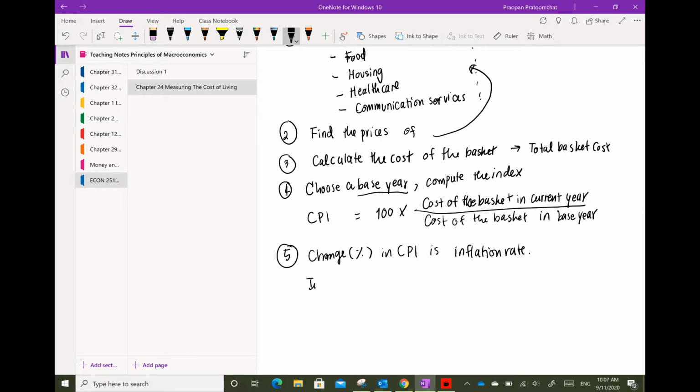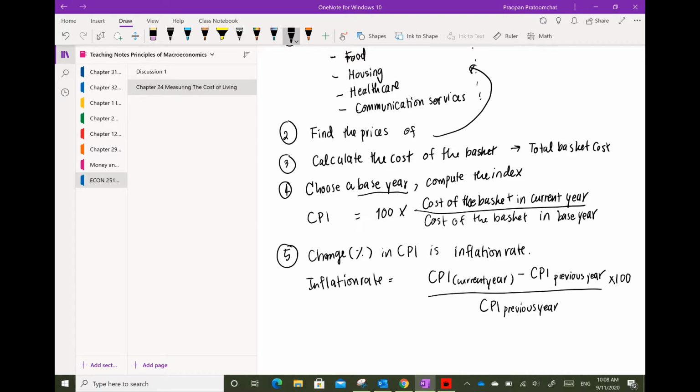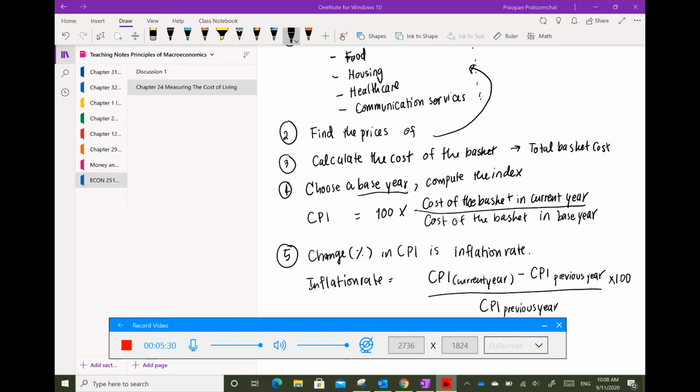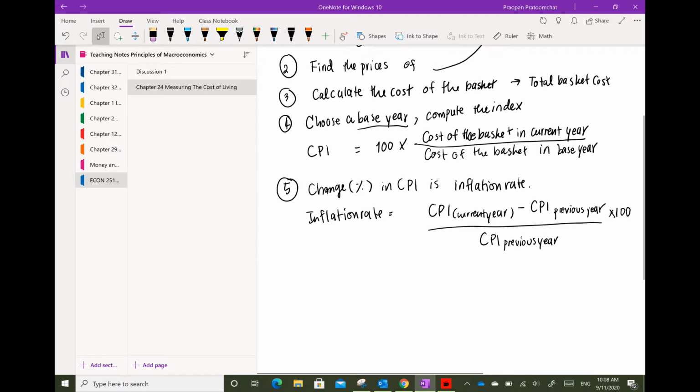So the inflation rate is actually CPI of the current year minus CPI of the previous year, over CPI of the previous year, times 100. That will be the inflation rate.